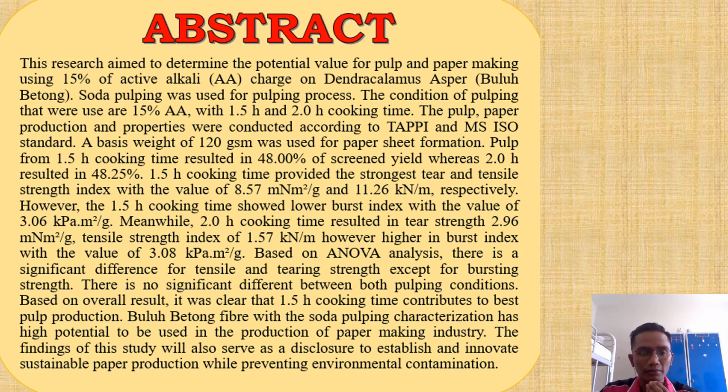Buluh Betong fibre with the soda pulping characterization has high potential to be used in the paper making industry. The finding of this study will also serve as a disclosure to establish and innovate sustainable paper production while preventing environmental contamination.